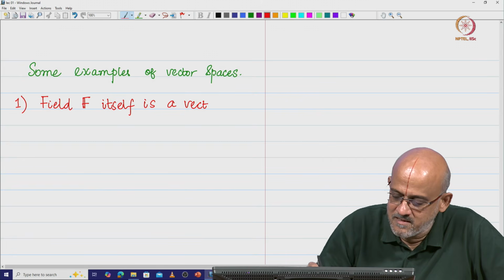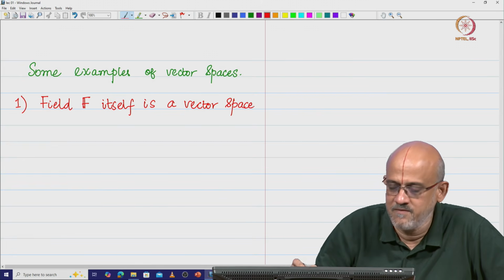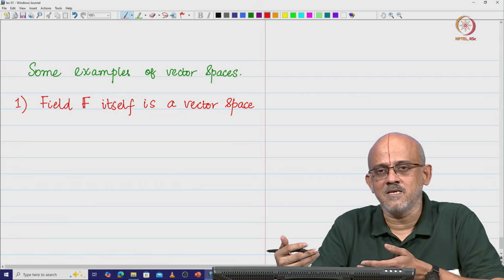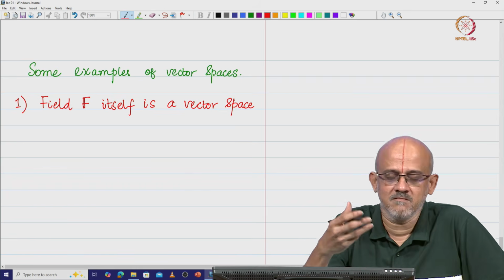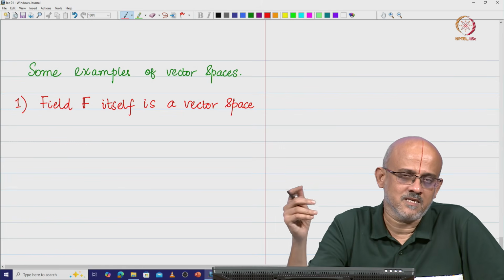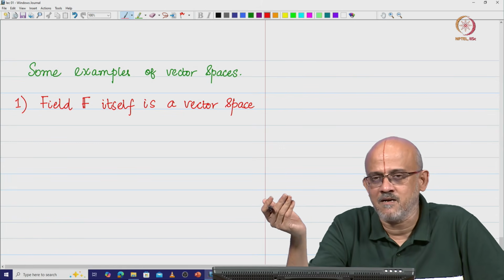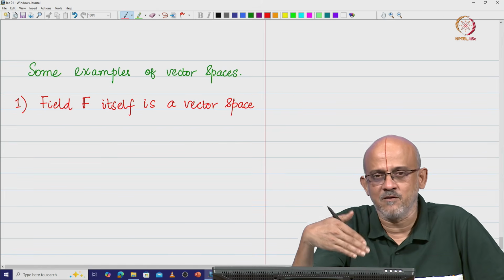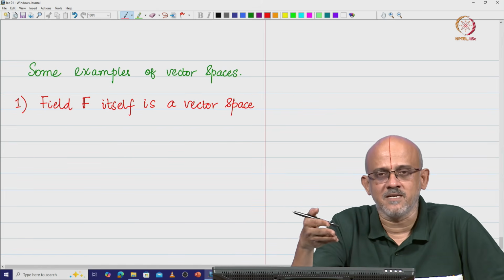You can check that all the properties of a vector space have been taken from the field. Your vector addition was component-wise addition, that means you were adding field elements, so closure under addition is already there.